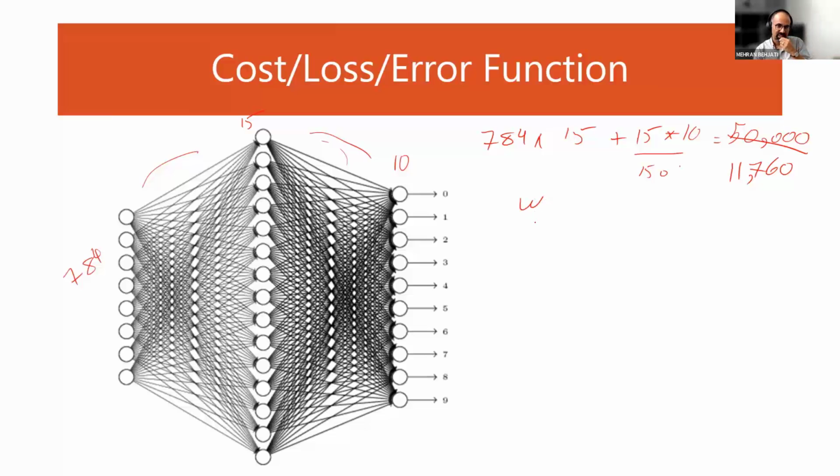So actually what we need to do is to assign all weights and biases here randomly, because of course we cannot assign more than 11,000 weights manually. So we pick them randomly.